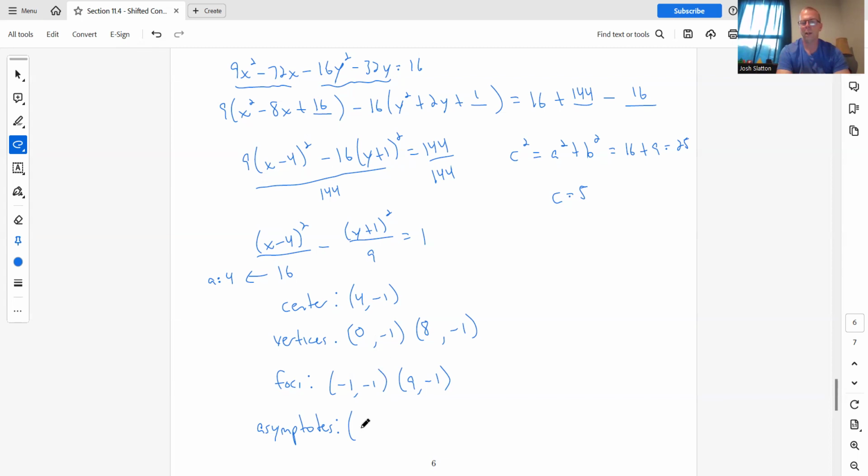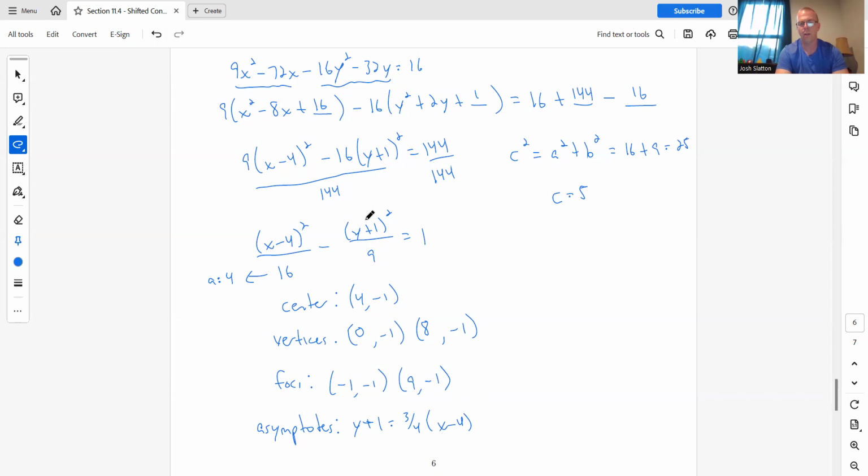So all you do in this case is you say y plus 1. I don't need any of those parentheses. Let's just write this. Not an ordered pair, we just have two equations. y plus 1 equals 3/4, that's the square root here over the square root here, times x minus 4.